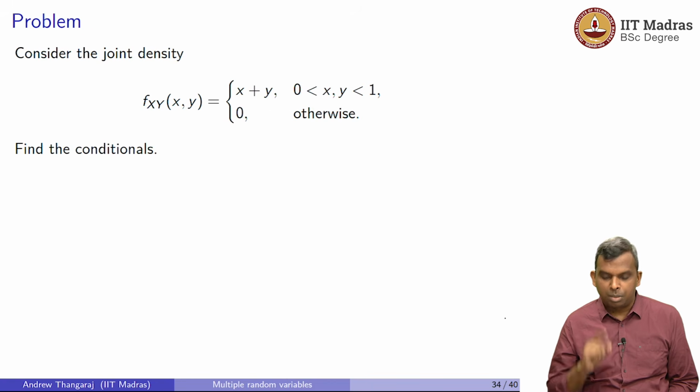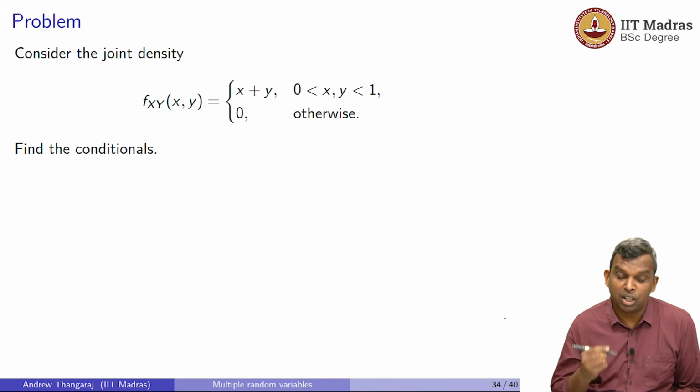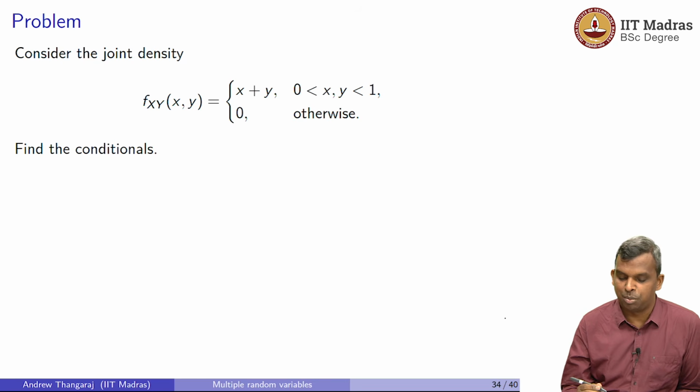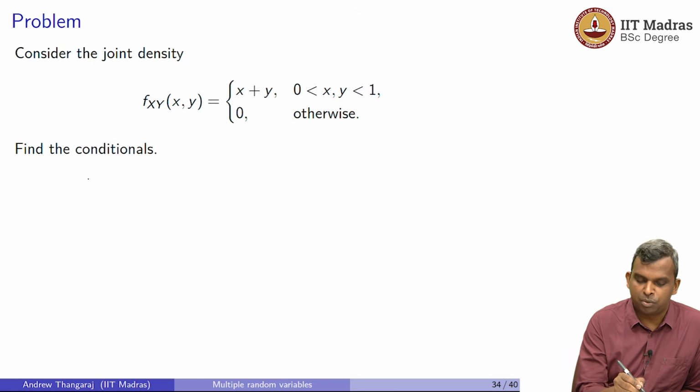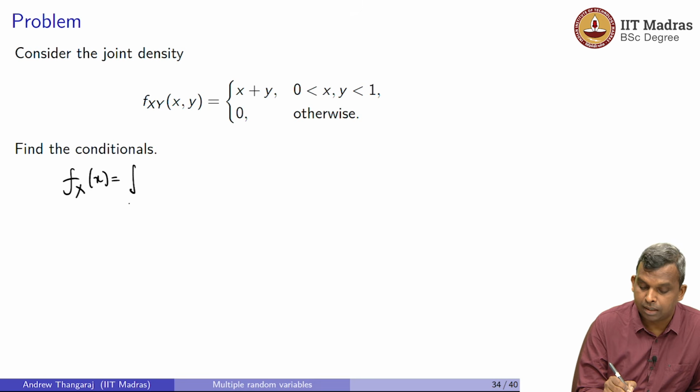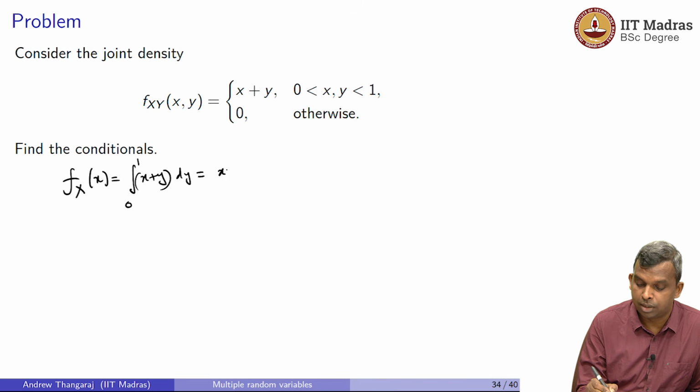Okay. So, I believe the next problem I am doing is for a non-uniform distribution. Again, we have seen this before, we have seen the conditional density, right. So, the marginal of x is just the integral of y from 0 to 1 of x plus y dy. Okay. So, you remember this calculation, it was just xy plus y squared by 2, you plug it in between 0 and 1.